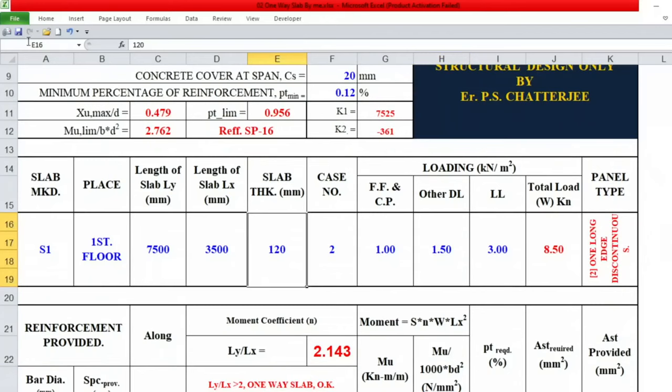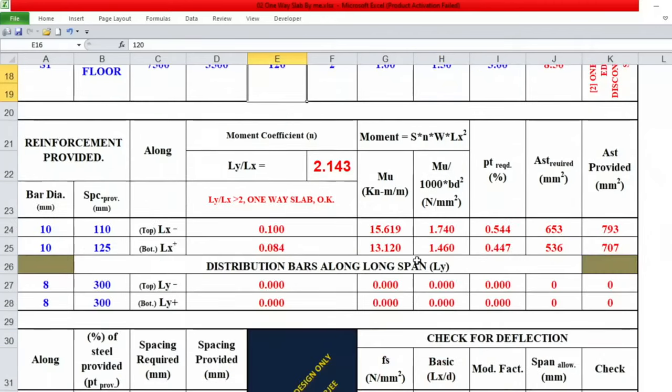This is E16 thickness minus top cover at top A24, cover at support, minus half of this diameter A24.